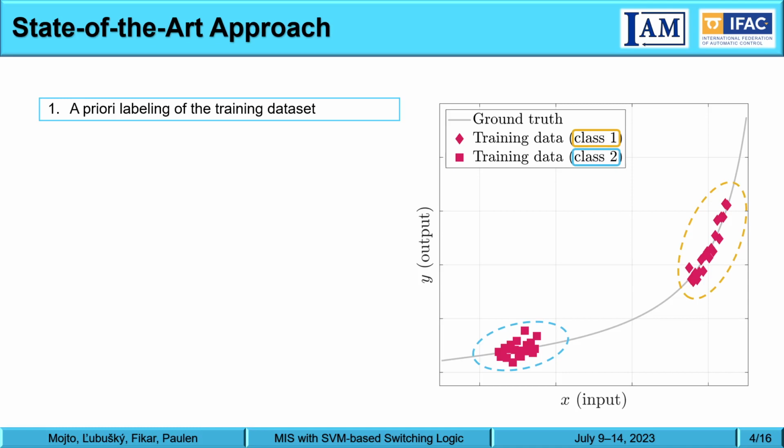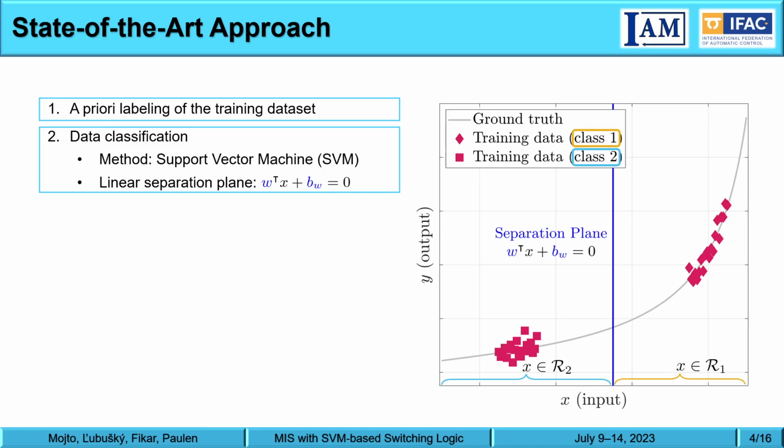This can be done by k-means clustering, and the result is presented in the figure. Subsequently, the classification can be performed according to the labels obtained from the first step, and the separation hyperplane can be designed.